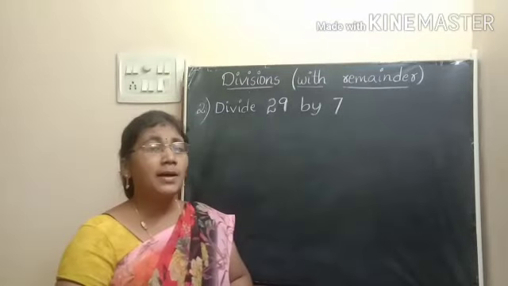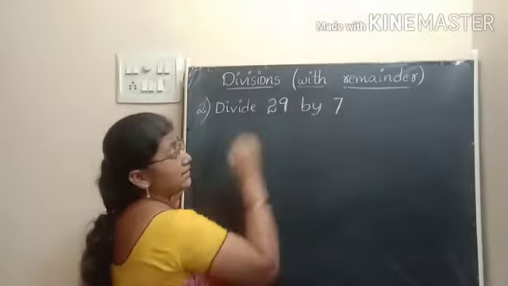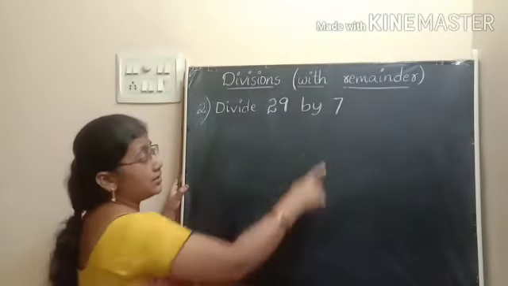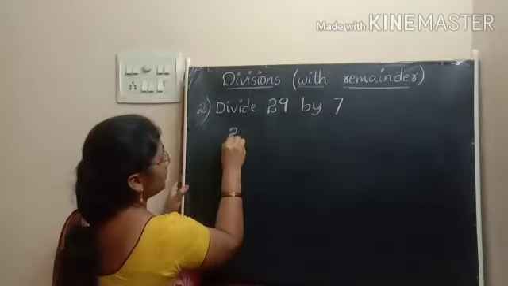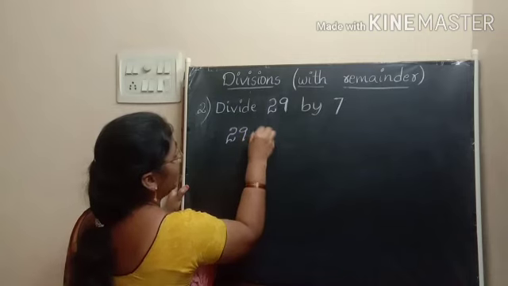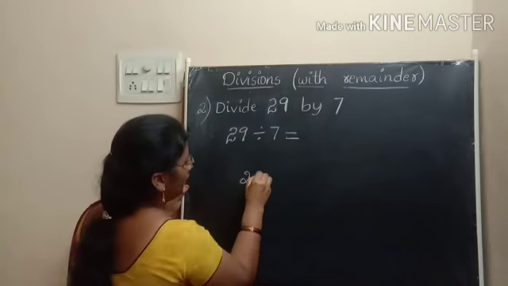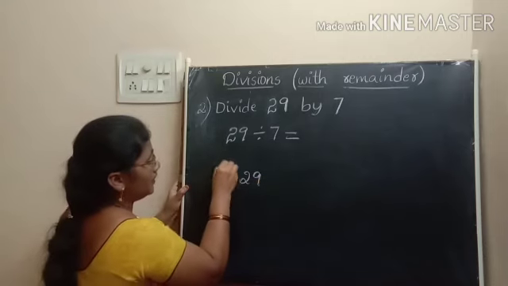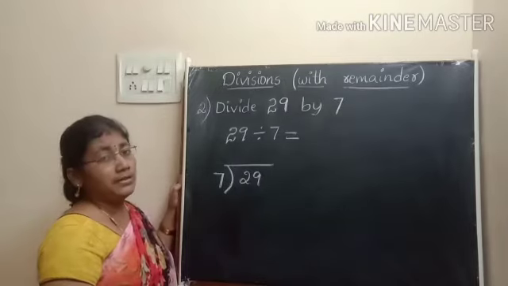The next example is divide 29 by 7. Here 29 is the dividend, 7 is the divisor. Let us take these numbers. 29 divided by 7. Here we can write 29 left side bracket and take 7 here. Now we have to take 7 table.